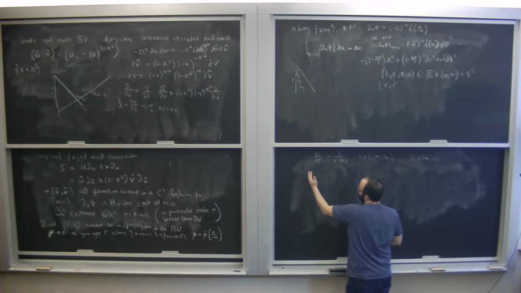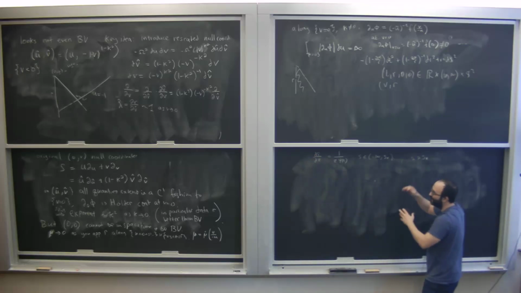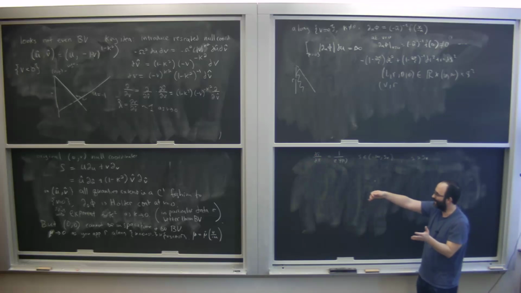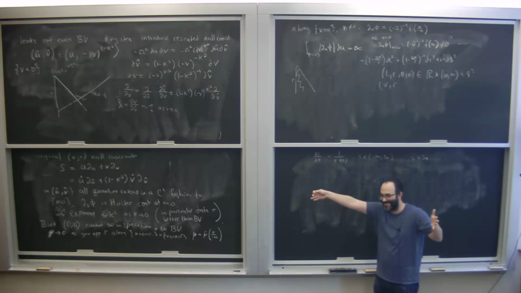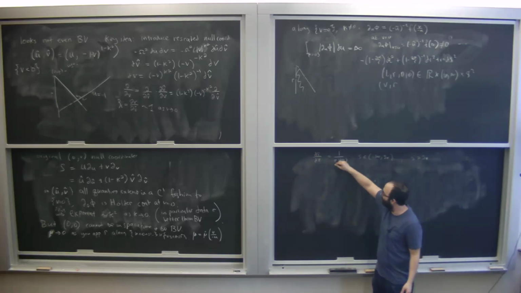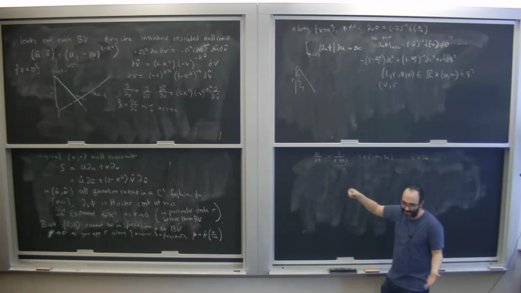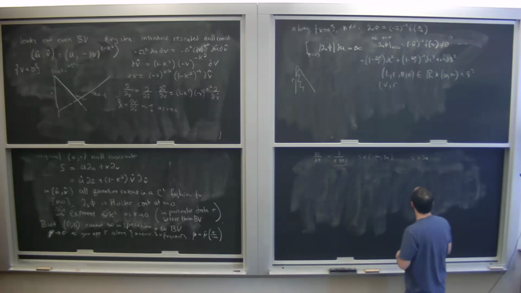When Z is negative, you pick your favorite value of Z that's less than 0 and integrate from there to define the S coordinate. Then in this region, assuming you have a solution defined in the Z variable, you can pick your favorite Z greater than 0, integrate from there, and that will define this again, as long as this thing doesn't vanish in the region where you do that.